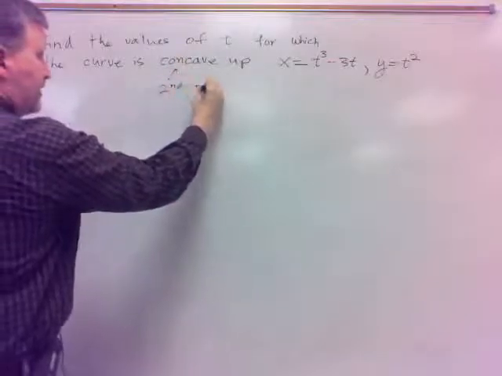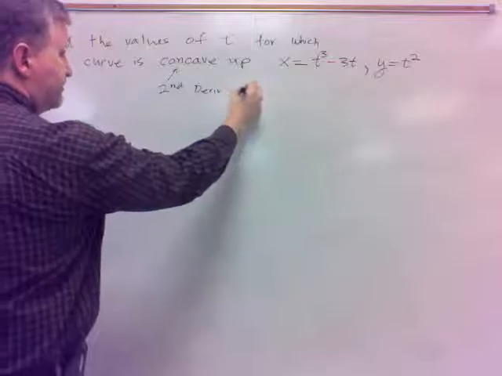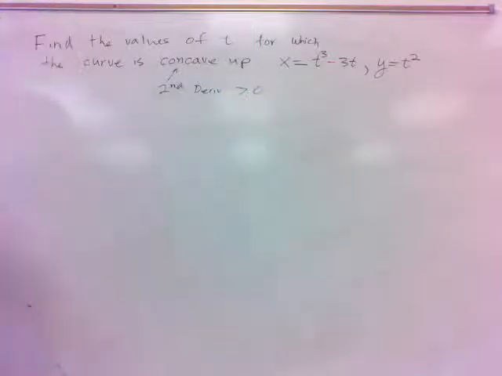To be concave up, the second derivative must be greater than 0, positive. So I'm looking for where, according to t, the second derivative is greater than 0. This is a second derivative problem, so we need to come up with our second derivative from these parametric equations.